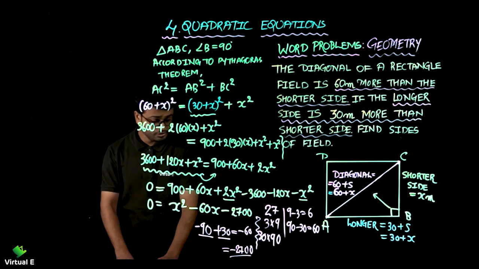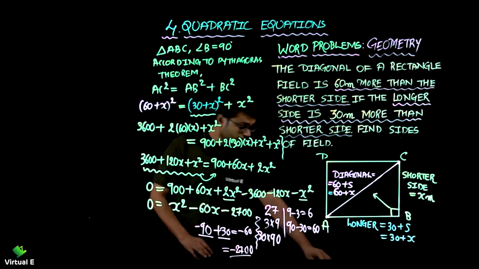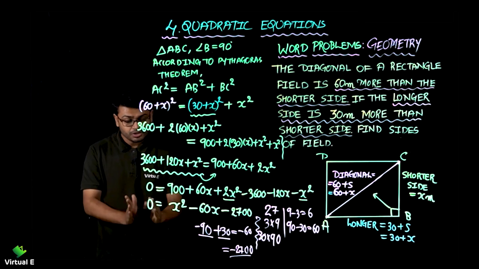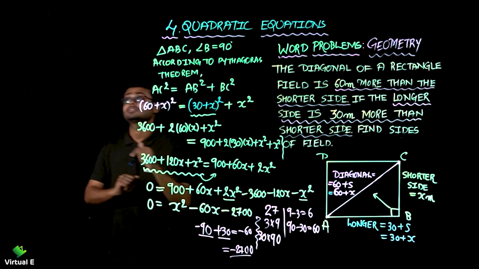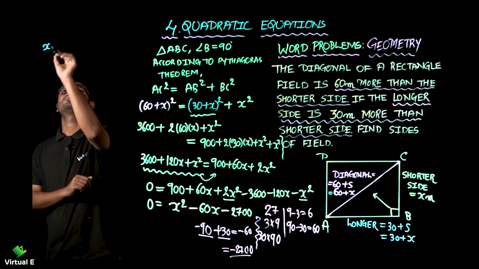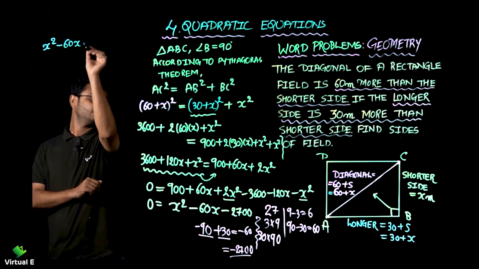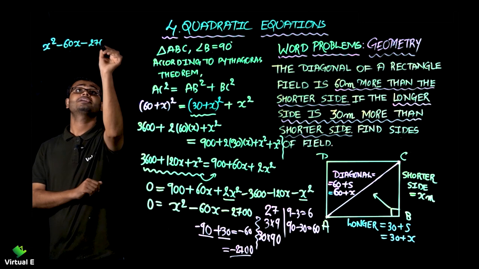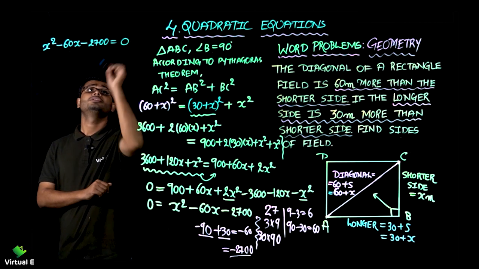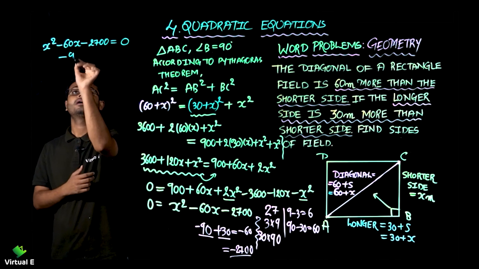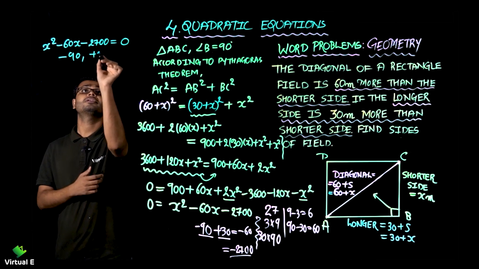So let's do factorization now. What I'm going to do is write all these terms which are on the RHS on the LHS side, and 0 will be on the RHS side. Let's start. So x square minus 60x minus 2700 is equal to 0. Now my two factors are minus 90 and plus 30.